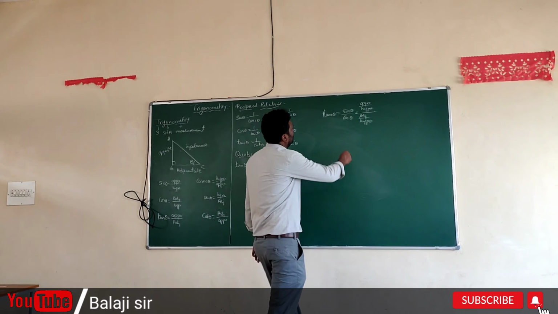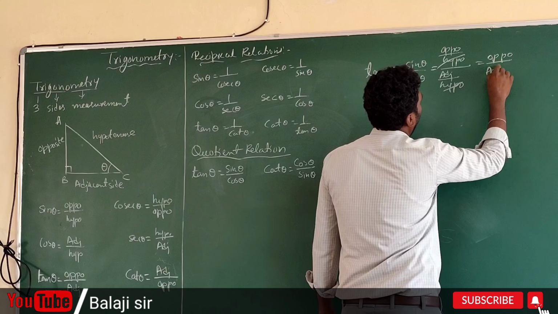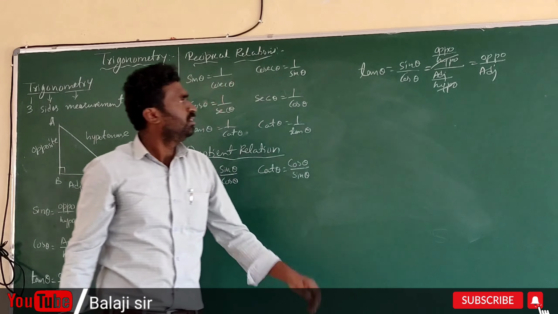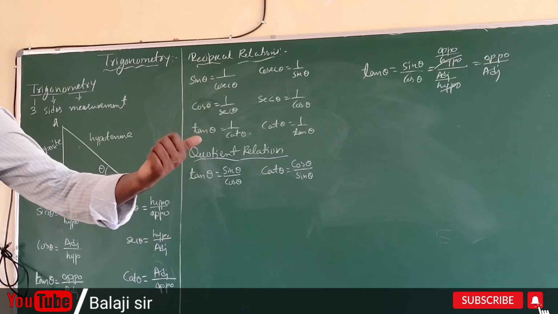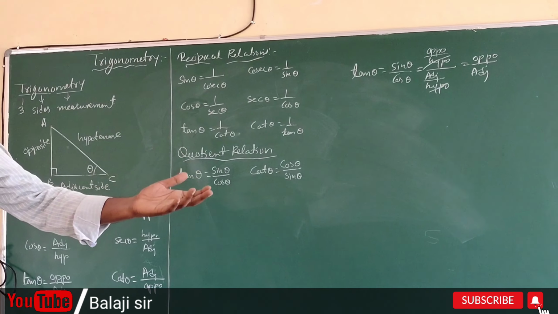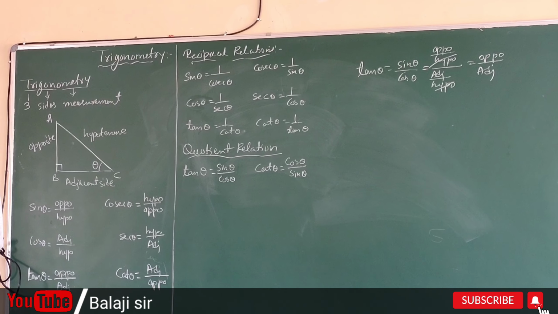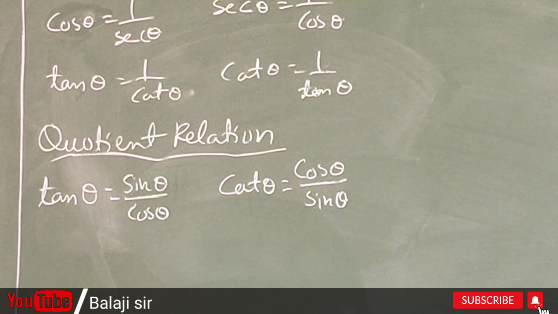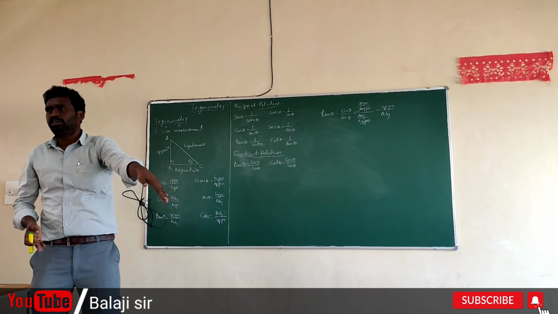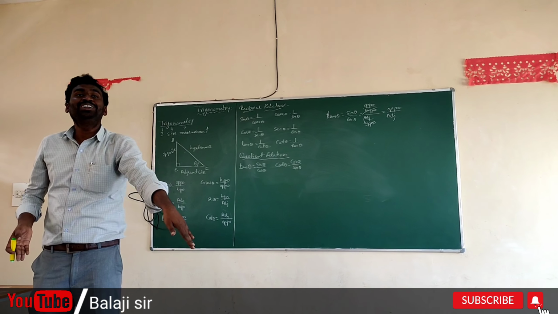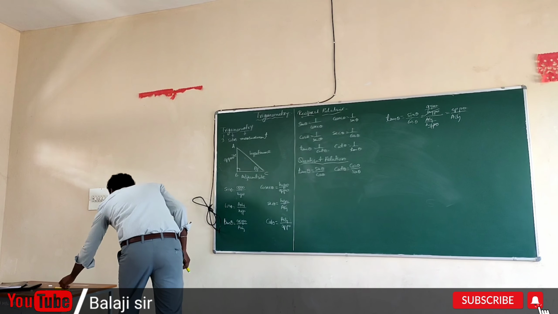So once you cancel, what are you left with? Opposite by adjacent, which is tan, equal to the RHS. Is that clear? Now we have proved that tan is equal to sin by cos. I need not prove that cot is cos by sin; it is accepted because it is a universal truth, right?